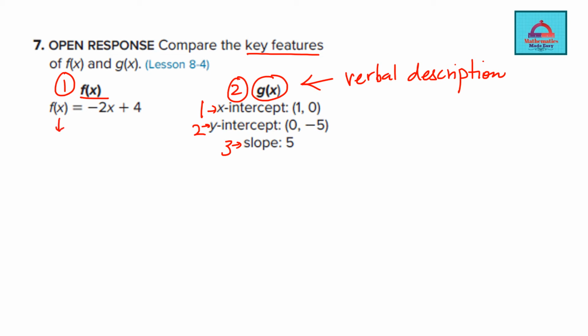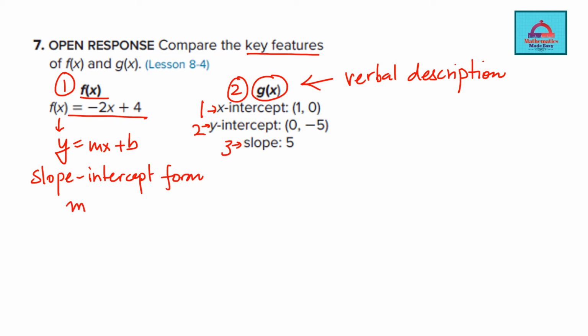Now I'm going to compare this f(x) with y equal to mx plus b, or the slope-intercept form. If I compare this equation of f(x), then m is going to be the coefficient of x here, so it's a negative slope.